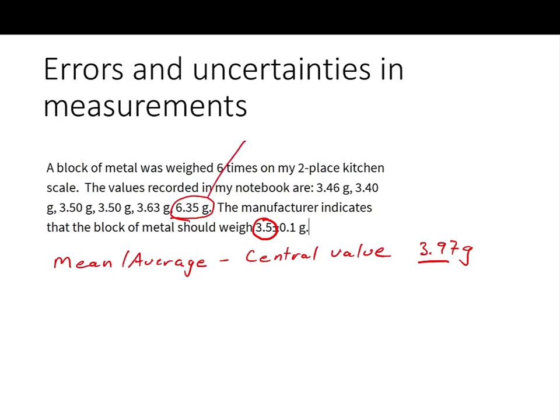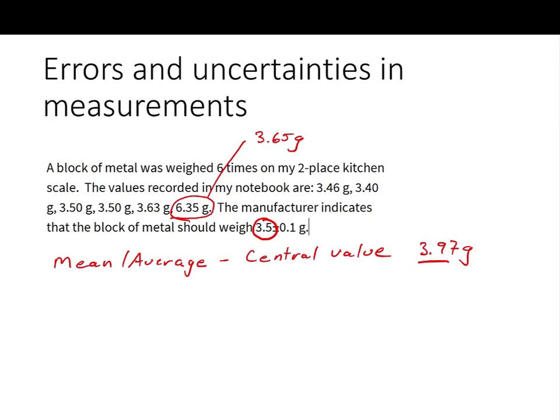It's possible that what I really meant here was 3.65 grams, and I just wrote it down incorrectly. Regardless of what that error is, we'll discuss later on how we could test to see if that can be excluded from our data set. It is clearly causing a problem with the mean or the average. It's shifting it higher than it should be.